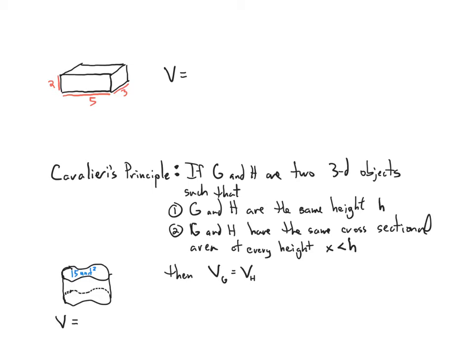Well, let's mark this off. This is in fifths, so 1, 2, 3, 4, 5. This is thirds, 1, 2, 3, and this is 2, so 1. Okay, so what I can do is break up this rectangular prism into little cubes, because I know that there's 5 units this way, 3 units this way, 2 units this way.